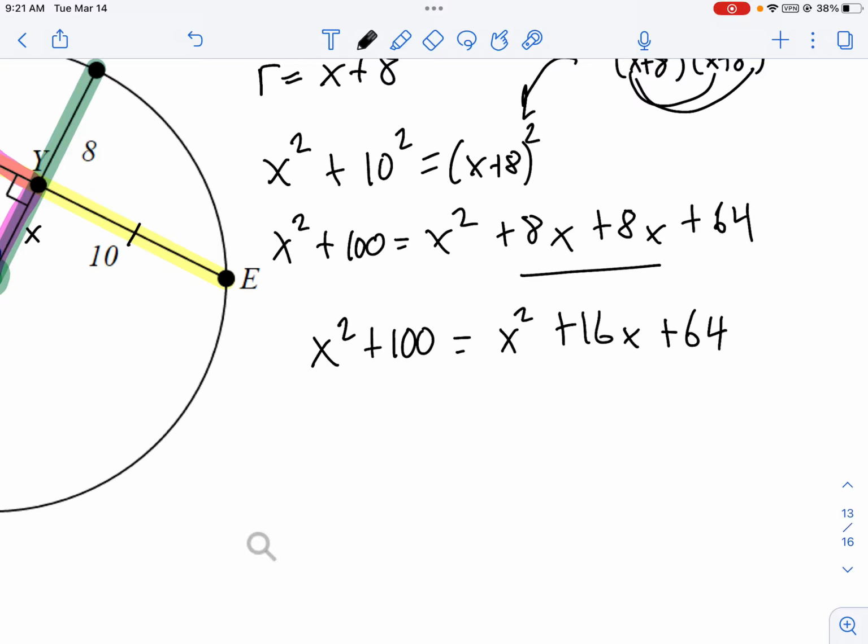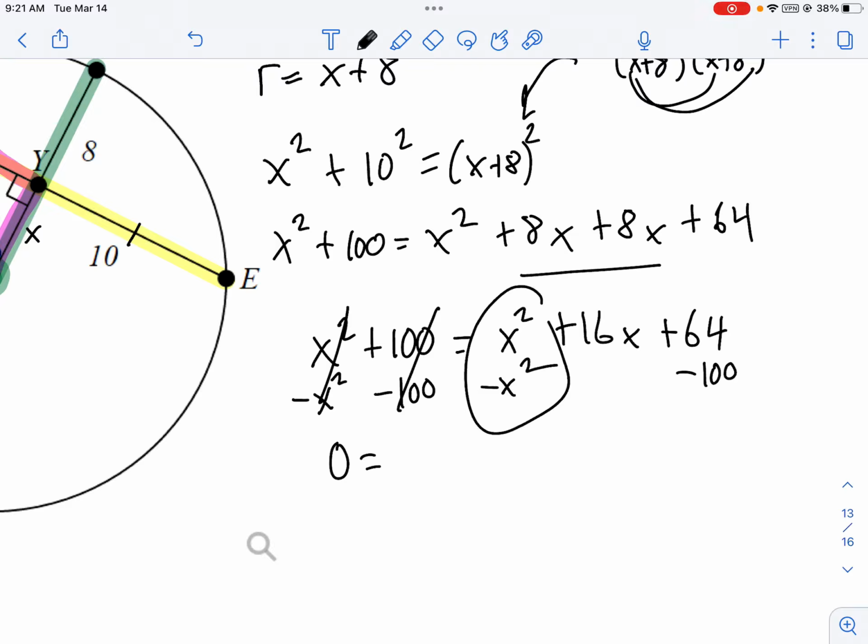Now, our goal, once we see anything with squares, is to try to get everything onto the same side. So I'm going to move my x squared and my 100 over. Okay, so the x squareds were moved over to the left, 100 moved over from the left, so we have 0 equals now. And on the right side, we see something kind of exciting happen, where we have x squared minus x squared, 0, right?